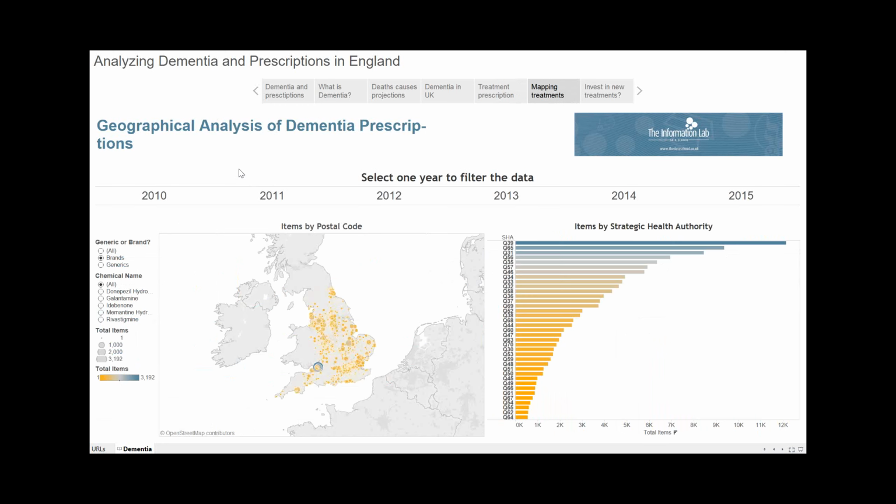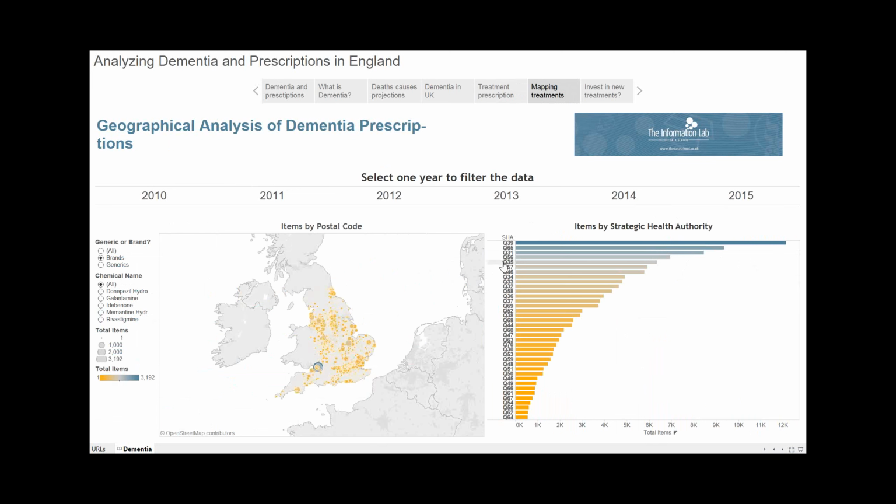Also, it was very interesting because if we see it in a map view with the postal code in the map and the strategic health authorities areas on the right, some drugs are very focused on certain zones of the UK. We can see, for example, here with higher color and size, the zones with more items prescribed for dementia.